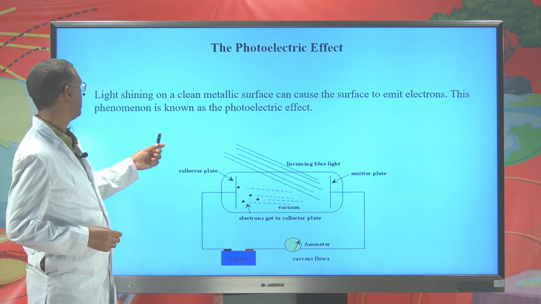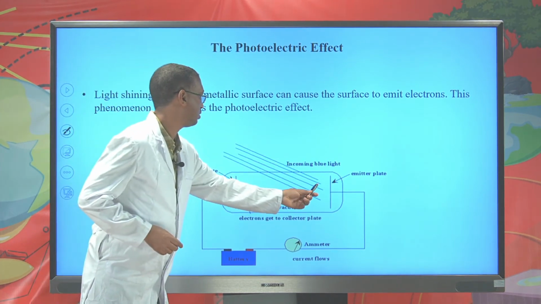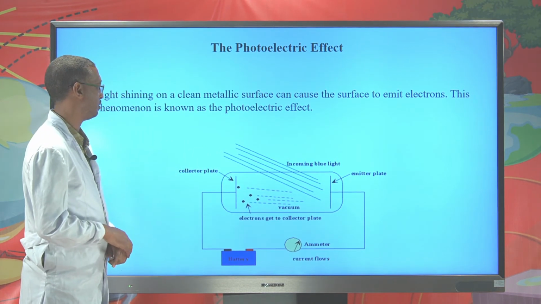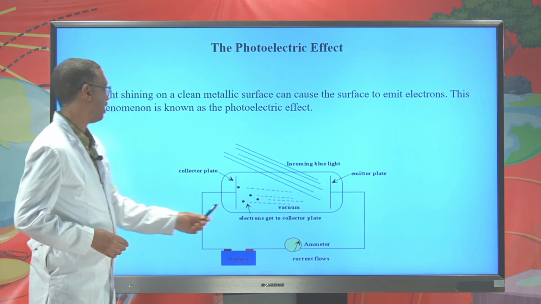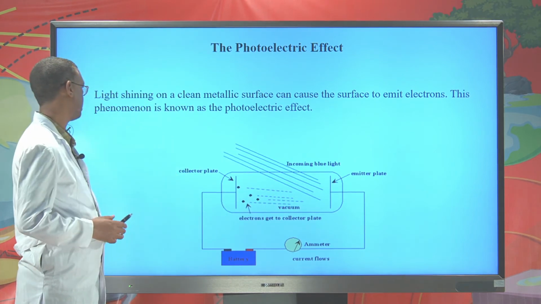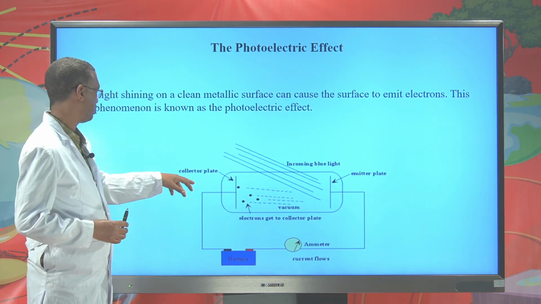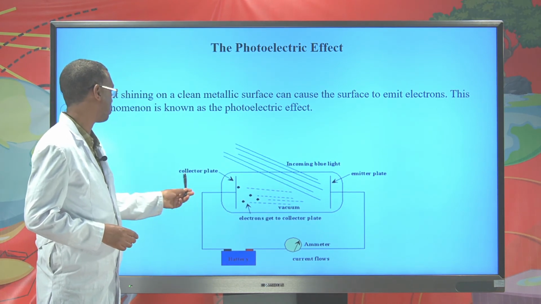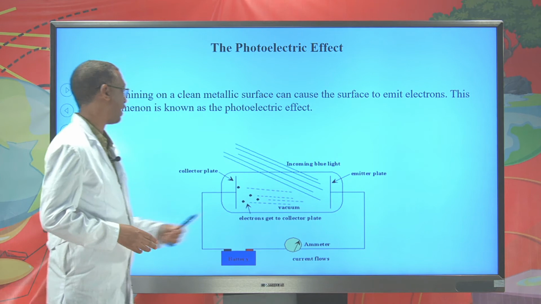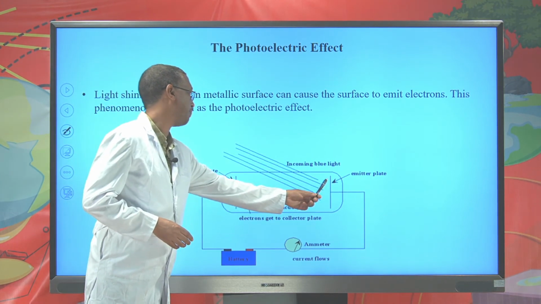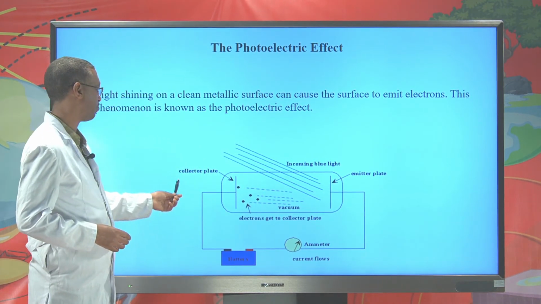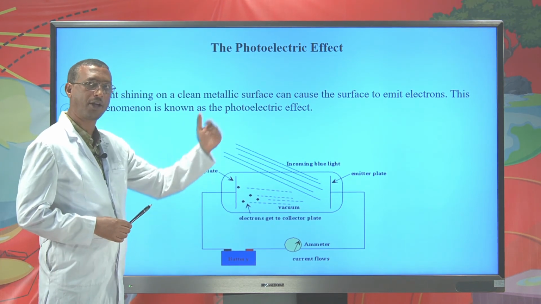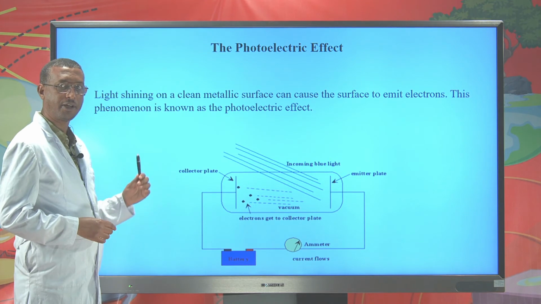When a photon bombards the surface of the metal surface, electrons will be ejected, and the electron will come to this side, that is the collector plate. When the electron moves from the emitter plate to the collector plate, means the electron moves from one point to another point, they create a current.